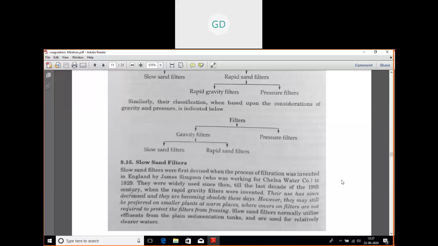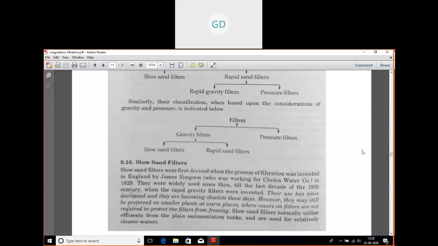After filtration, some treatment processes are still required. So if some impurities are still left in the water, they can be removed by the next treatment process. Therefore, nowadays rapid gravity filters are of much more importance.